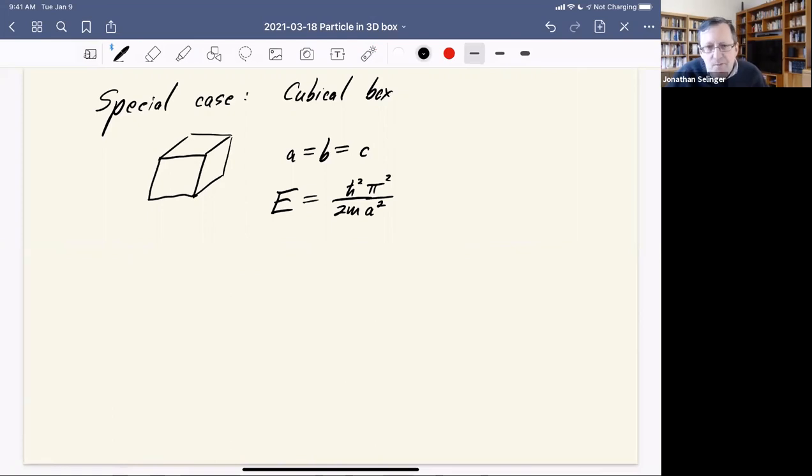I'll call it a squared. And then in parentheses, we just have n_x squared plus n_y squared plus n_z squared. So this is the energy E sub n_x, n_y, n_z.